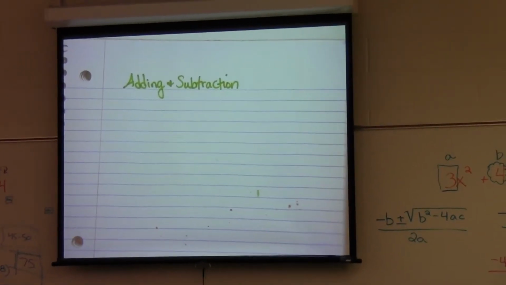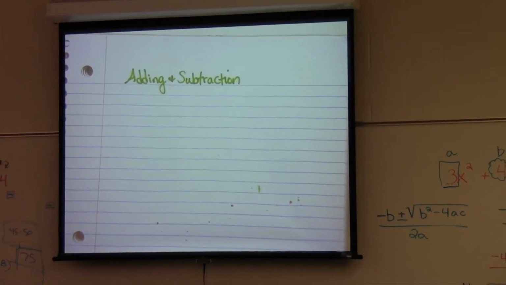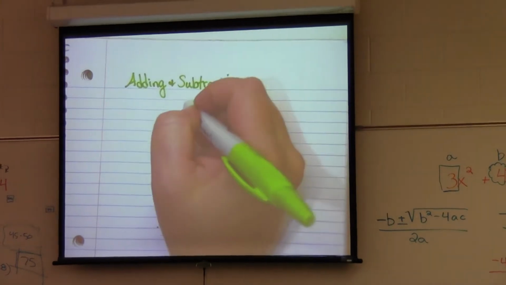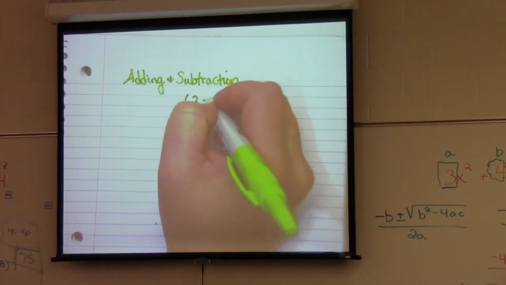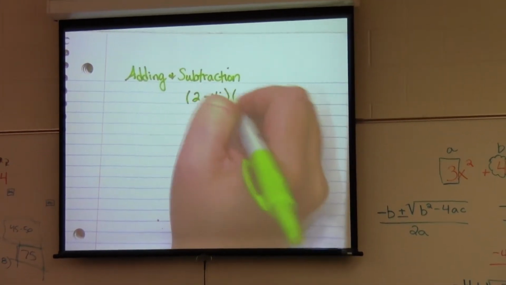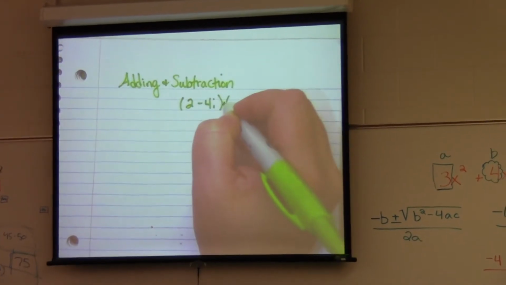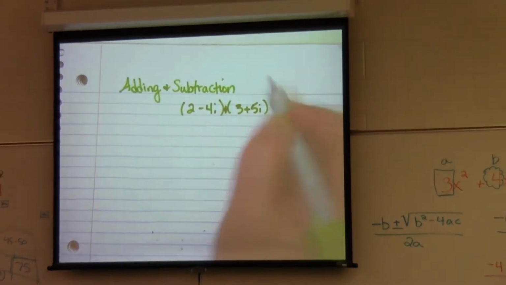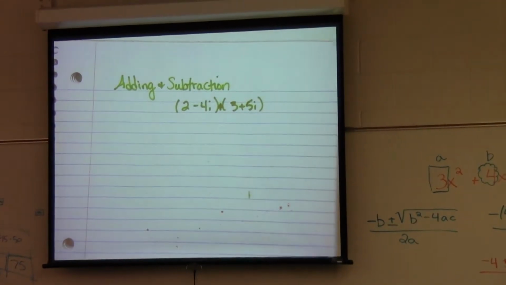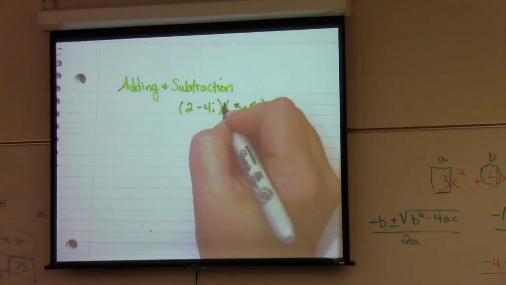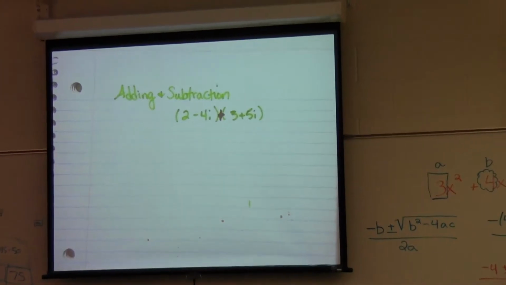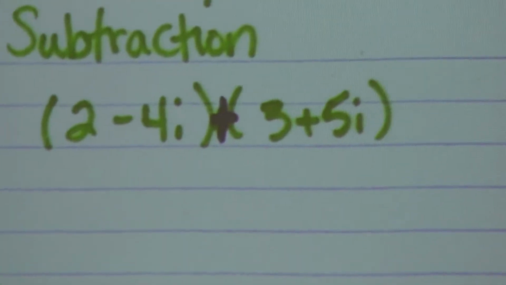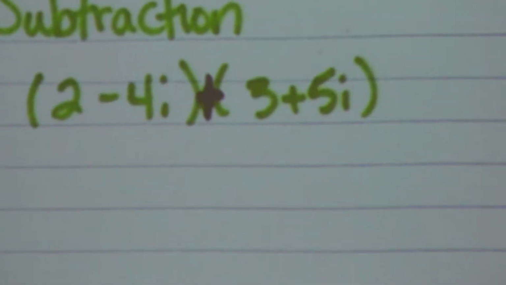If we're adding and subtracting things with complex numbers, they're going to look like this. Something like 2 minus 4i, plus 3 plus 5i. When we are adding and subtracting, we can only add and subtract like terms.